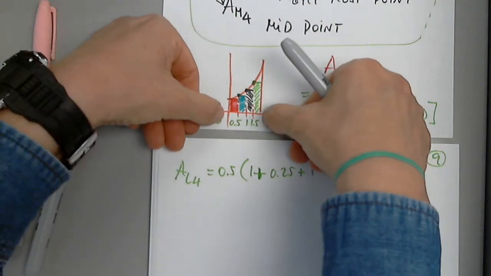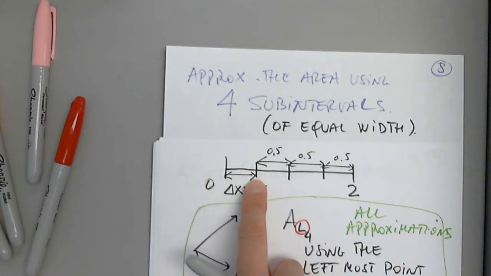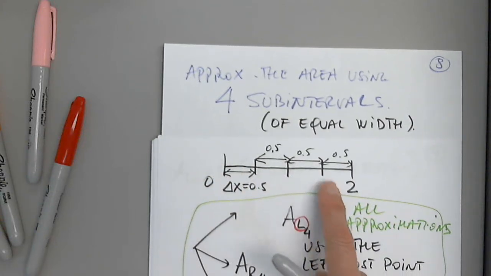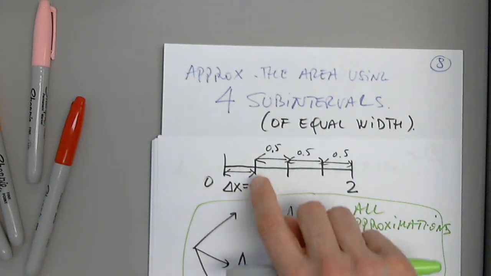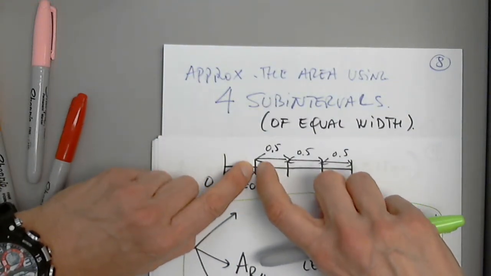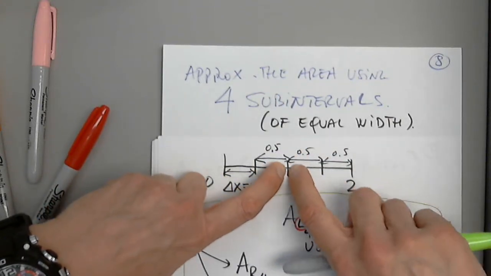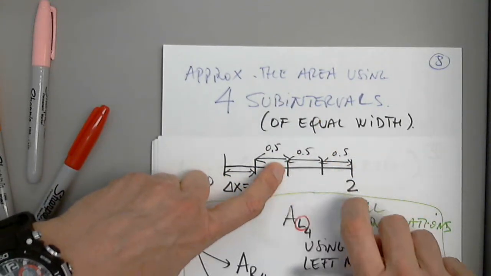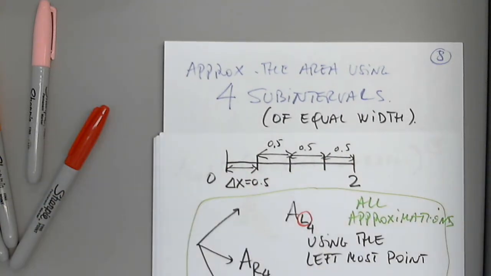I divided the entire interval into 0, 0.5, 1, 1.5, 2, 4 equal subintervals. So this point is at 0.5, so the height will be f of 0.5. This point is at 1, so it will be the height at 1. And this will be a height of 1.5. I cannot use this because I'm done with 4 subintervals. Is that okay?